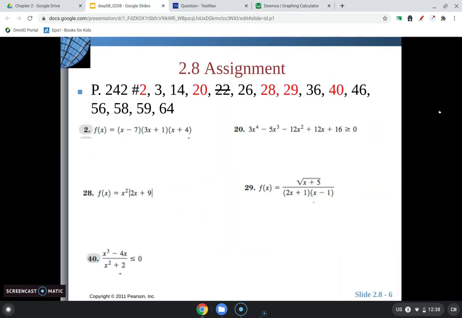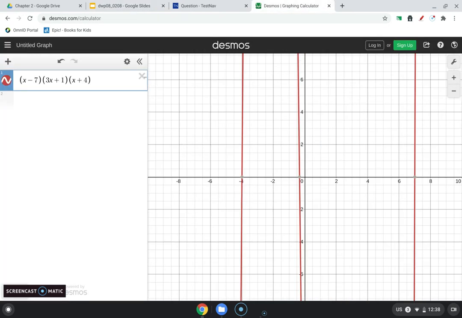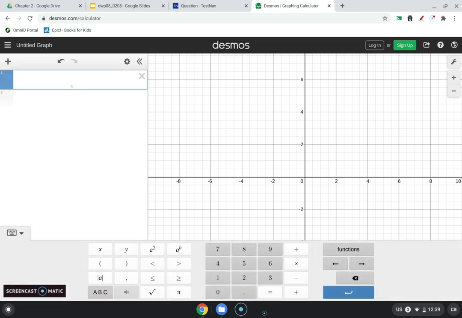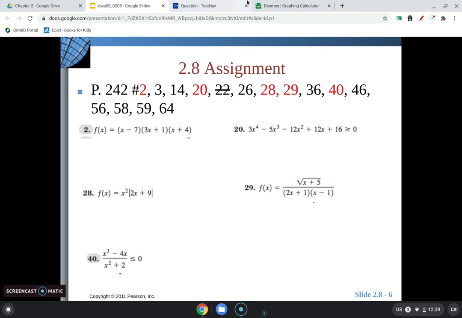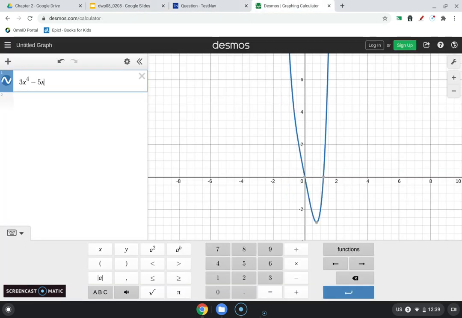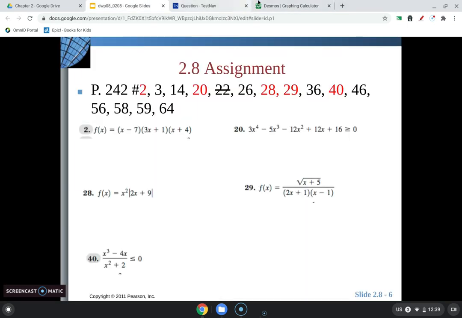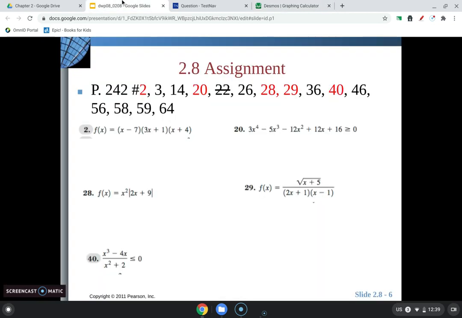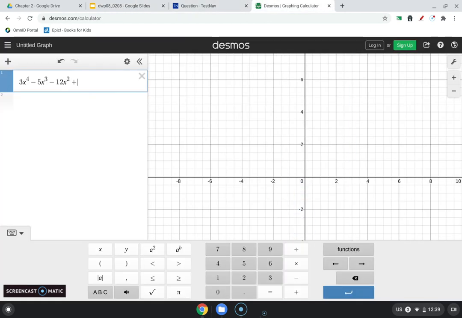All right, 20. We want to see when that one's greater than 0. Let's graph it. 3x to the 4th, x to the 4th minus 5x cubed minus 12x squared plus 12x plus 16.